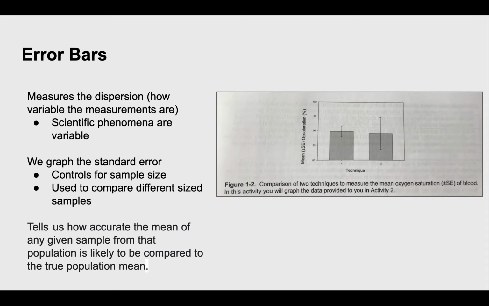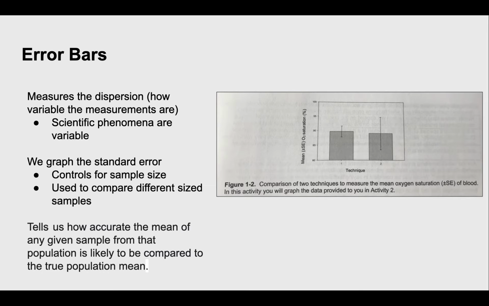And so if we look at that graph I have up there, we see we have our error bars. It goes above the mean, so this line up here, that would be the mean. It goes above and below that mean. It shows us the range of error that could be present. Now notice that one of those bars has a much larger error bar than the other. This graph is looking at techniques to measure oxygen saturation in blood.